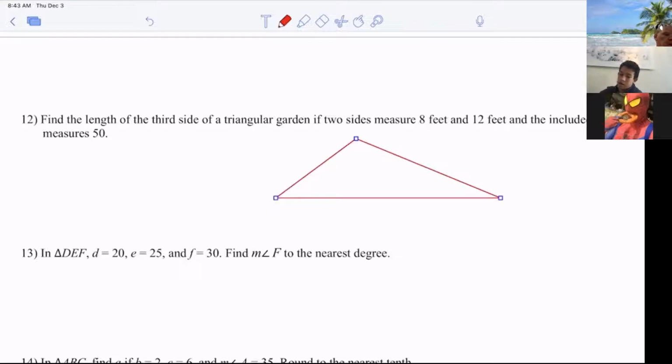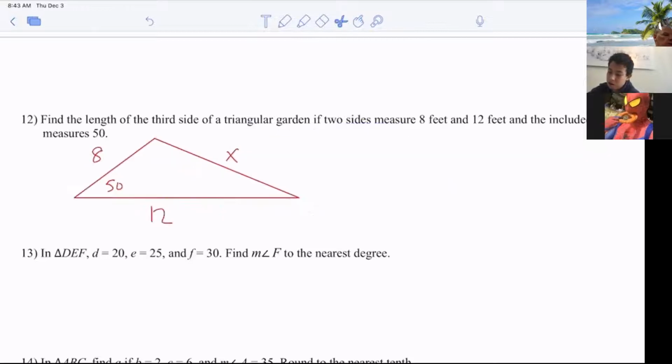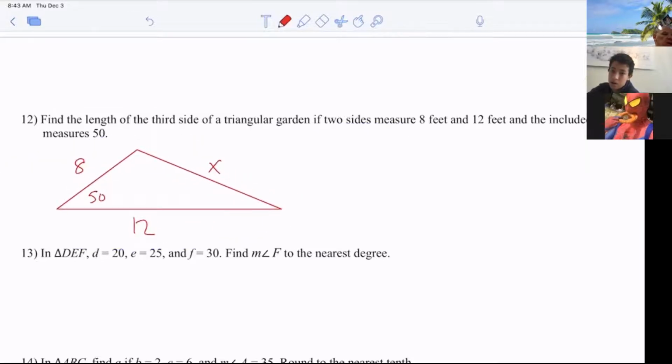Okay, so now we have 8, 12, and the included angle is 50. There's only one triangle that can be drawn if you draw that. All right. Now we want the measure of the third side. So that's x. So now we're just doing law of cosine because it's side angle side.